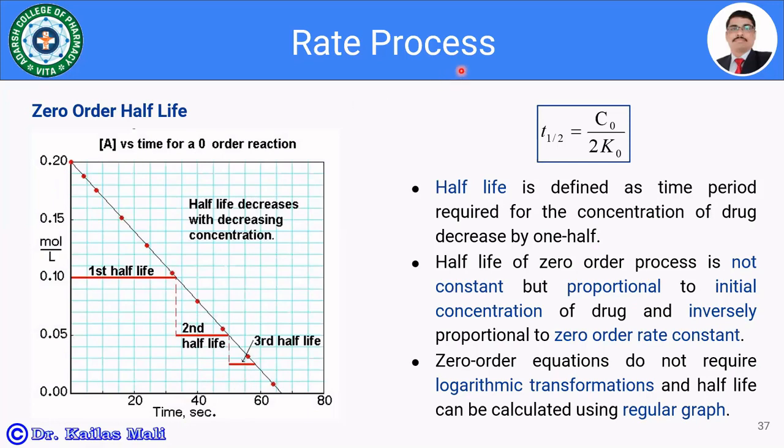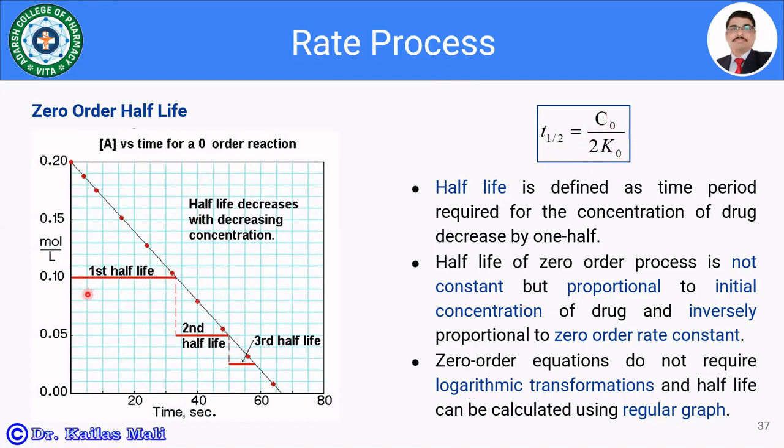So in the case of the zero order process, the half-life decreases with decreasing concentration, isn't it? And here it's C0, right? So half-life is calculated using the equation T half is equal to C0 upon 2K.